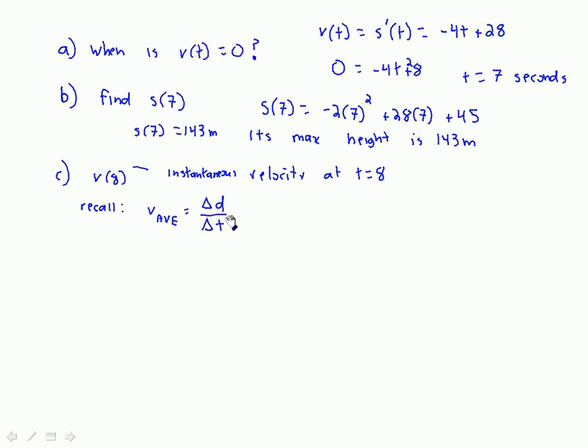Now we know delta t is equal to 8, but to get the difference in position, we first find s at 0, where we're starting from: negative 2 times 0 squared plus 28 times 0 plus 45. So s at 0 is equal to 45 meters. It's the starting position, if you like.